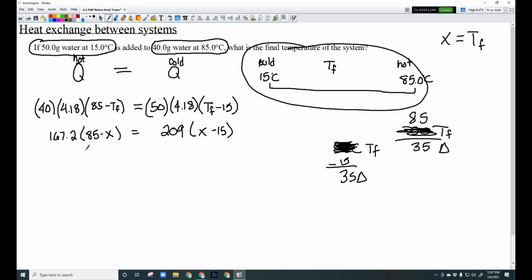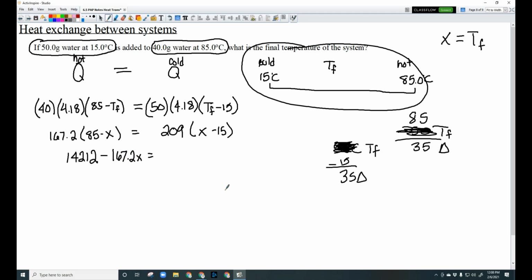Okay. So now I have to distribute this 167.2 out to both of these terms. So I'm going to have 167.2 times 85. That's going to give me 14,212. Okay. And then this times negative X is negative 167.2X.